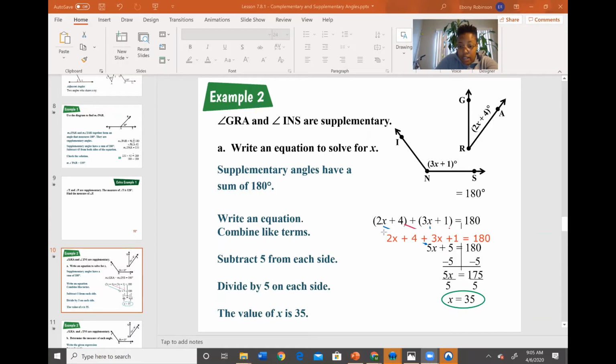So I got a 2x here and a plus 3x here. And that's how they got the 5x. And then I have plus 4 here. I'm going to undo that one. Got a plus 4 here.